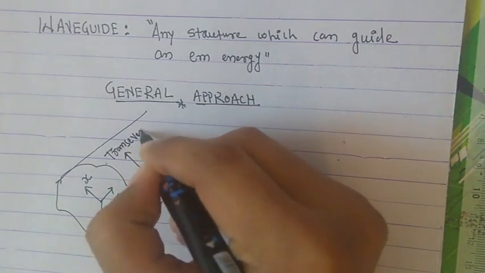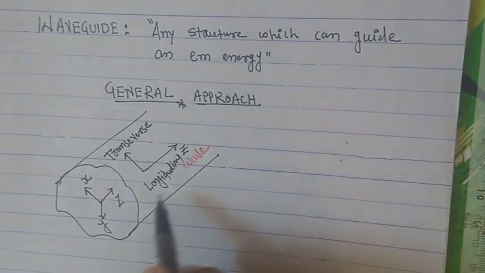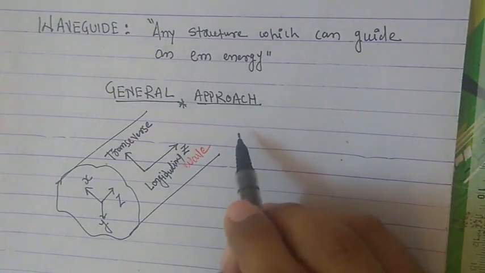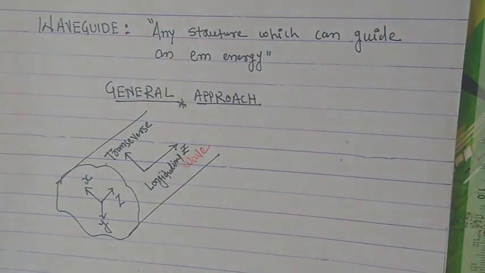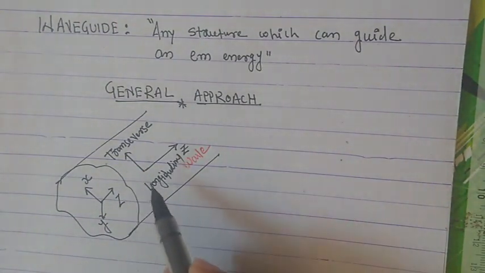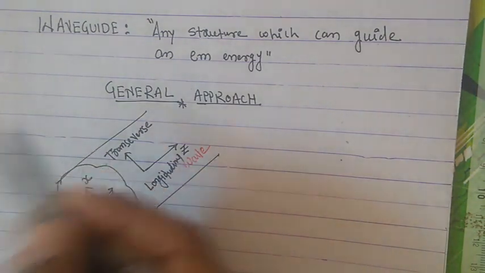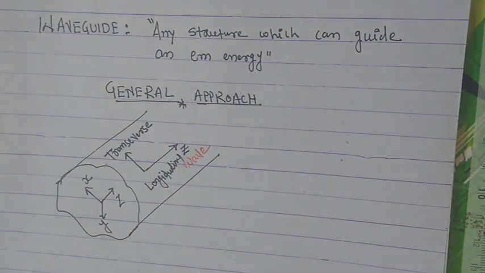Any field component lying in the longitudinal direction will be called a longitudinal field component. Any field component lying in this plane will be called a transverse field component.